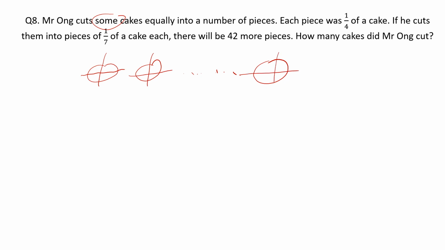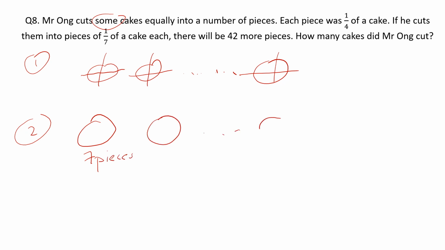That's the first scenario. Second scenario, he cut the same number of cakes that he has into 1/7. So you're going to cut into seven pieces. So 7 pieces here.